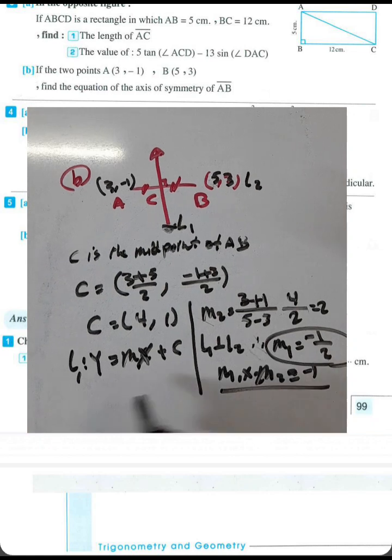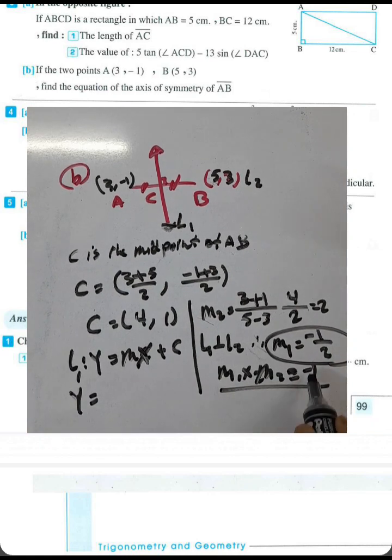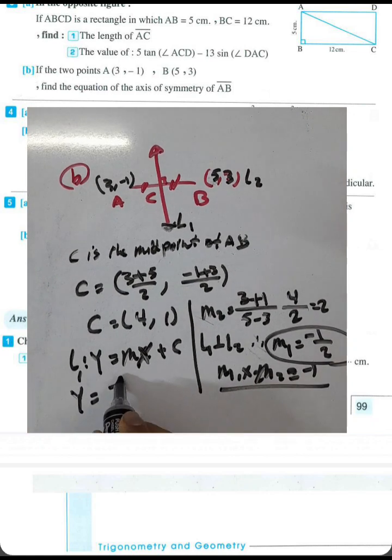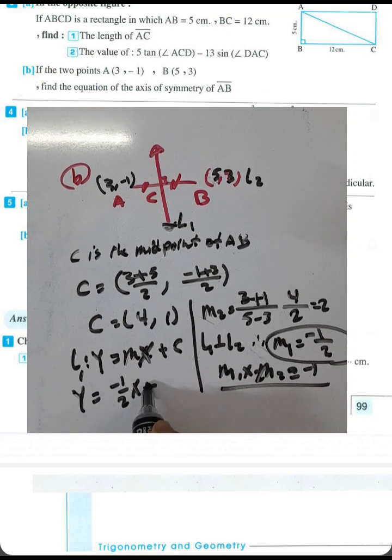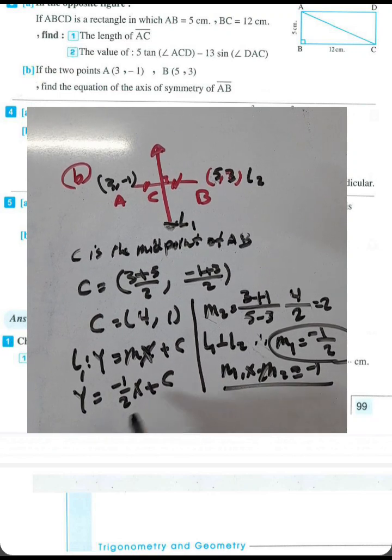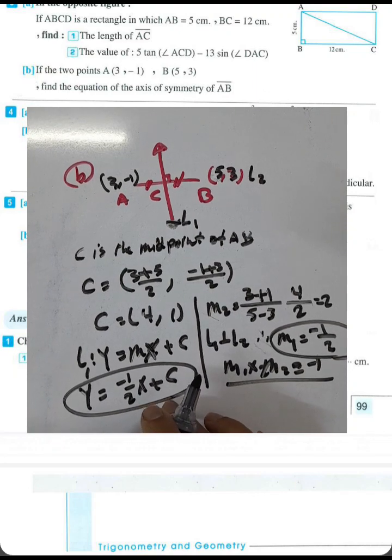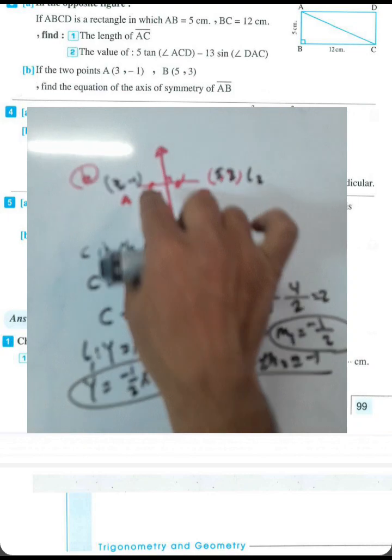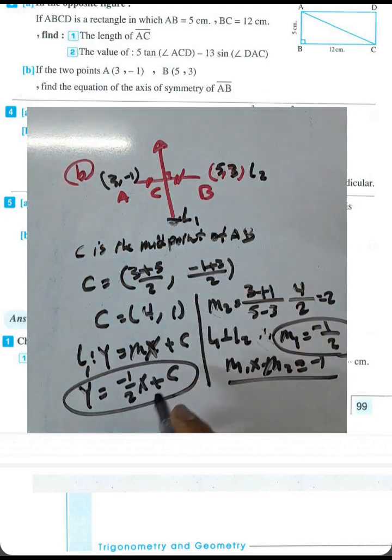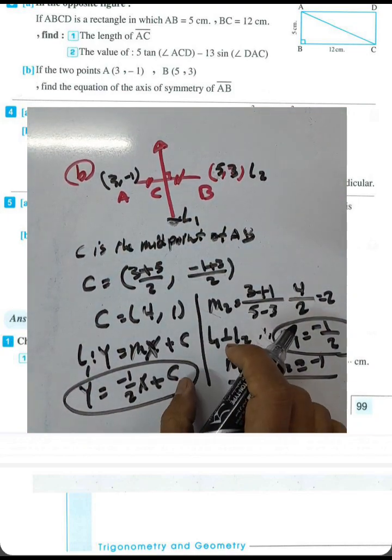Then you can write the equation y equals negative half times x plus constant. We can find the constant using the midpoint, because it belongs to the straight line y equals negative half x plus c, where c is a constant.